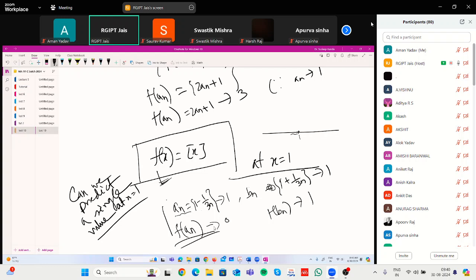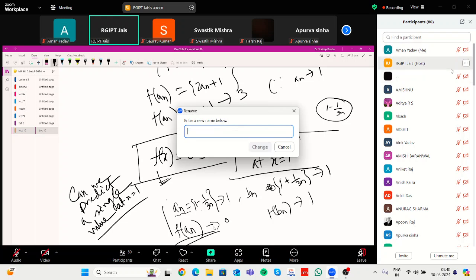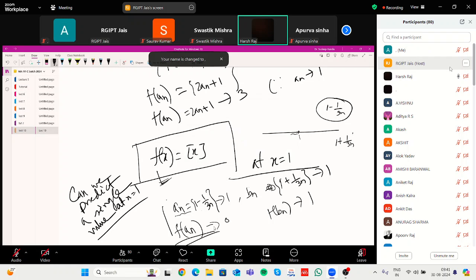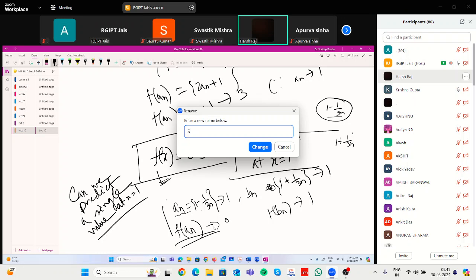Take a_n equals 1 minus 1 by 3n, which you have studied. Where does this sequence go? Where does it converge? It converges to 1. And b_n equals 1 plus 1 by 3n.